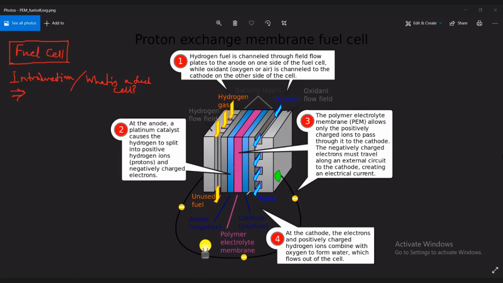And finally, the last stage, this is another layer, and this is the fifth layer. We have already explained the 4 layers. The fifth layer is the oxidant chamber, which is allowed to flow through, and this is just like the hydrogen gas chamber.